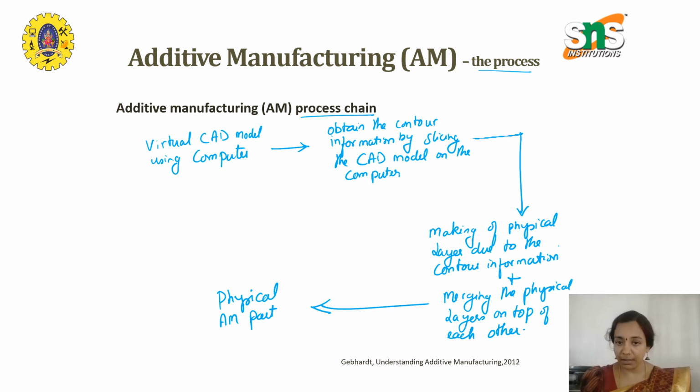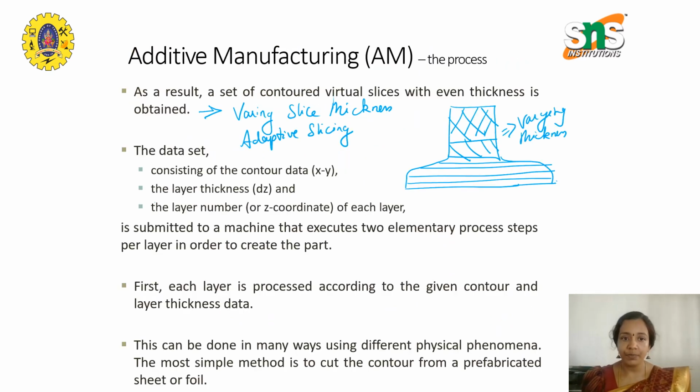So we first design the model, we slice the model, make the physical layers according to the contour information, and then merge the physical layers on top of each other. We are slicing the data into layers, analyzing the layers, and then bringing it all together. As a result, a set of contoured virtual slices with even thickness is obtained. We are slicing the data evenly, equally.